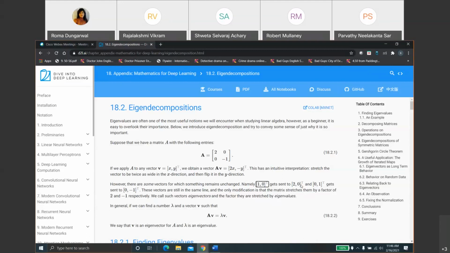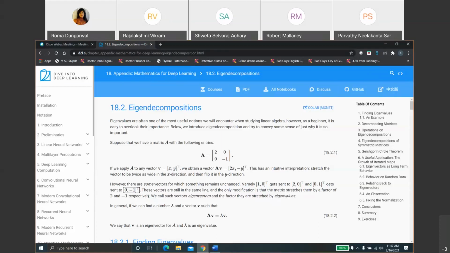Similarly, if you apply A to 0, 1, it will give you a 0, -1 vector, which means the x remains the same, but the y is being stretched. Such vectors, where applying the matrix changes only particular dimensions and something remains unchanged, are called eigenvectors.